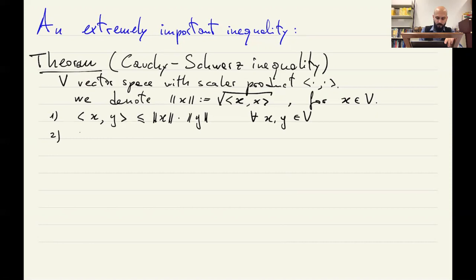So we have that the scalar product of x and y is equal to the norm of x times the norm of y if and only if x and y are linearly dependent.